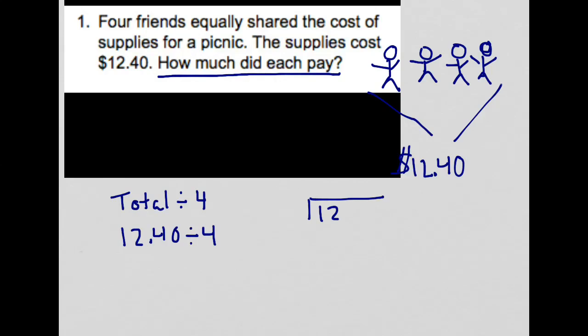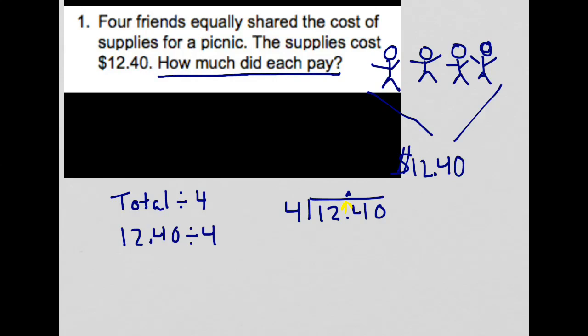I put $12.40 on the inside, it's my dividend, and I put 4 people on the outside because that's my divisor. I'm going to draw an arrow going up. I'm going to put my decimal point above the line because I know that when my dividend has a decimal in it, I need to put it above the long division bar.